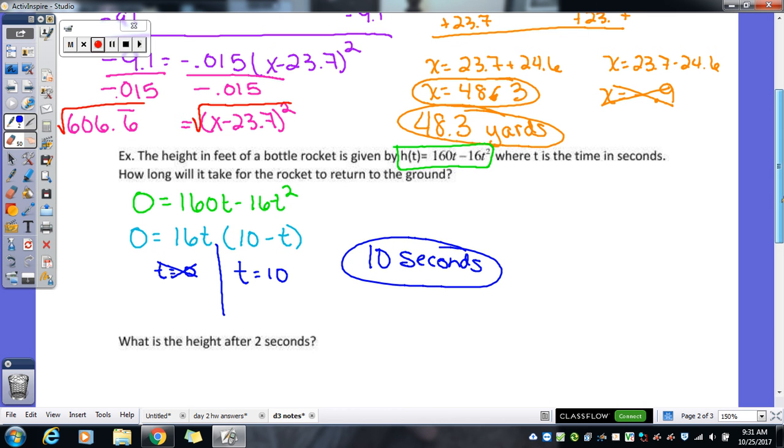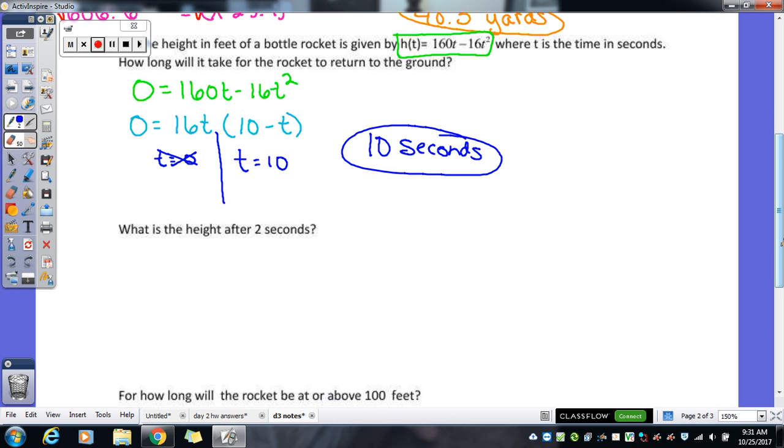So then the next part wants to know, what is the height after 2 seconds? So what do you think we're going to do with the 2? Plug it in. So h of 2 equals 160 times 2 minus 16 times 2 squared.